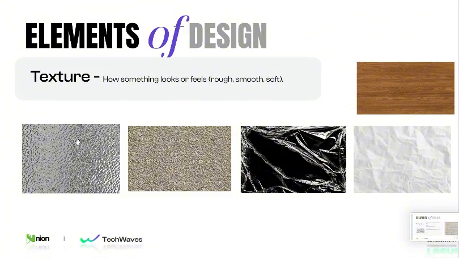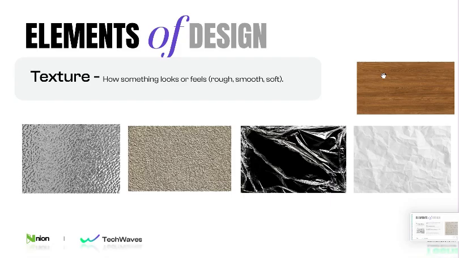How it looks. Looking at this, we can see this glass texture over here. You can see this raw texture over here. Something like your wall. It has a rough texture. You have the plastic texture over here, and you have the paper texture over here, you have the wood texture over here.